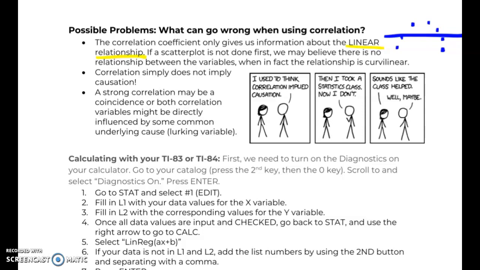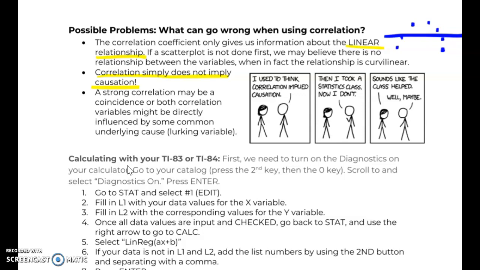here. The next thing to take away is make sure that correlation simply does not imply causation. So for example, we could have a strong linear correlation between two variables, maybe when we're considering ice cream consumption versus shark attacks, yet one does not cause the other one. Just because we're eating a lot of ice cream, that doesn't mean that that's going to cause a lot of shark attacks.